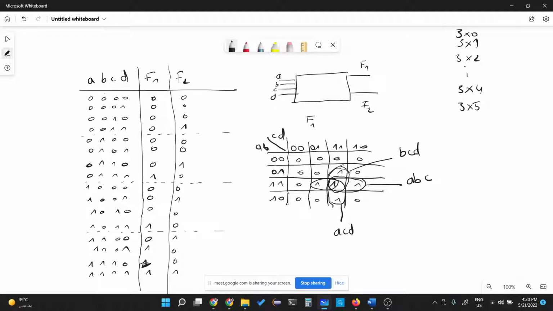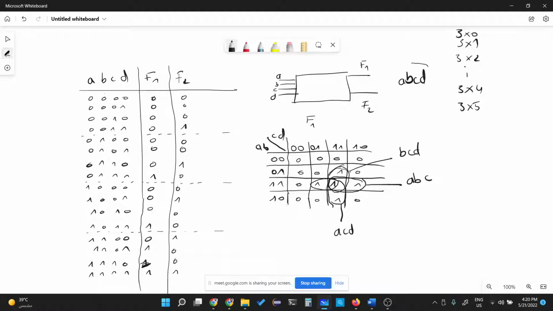Before doing the last one, we should find a common factor. We will have 4 terms. What will be the common factor here? No, it will not be a common factor, but it will be a min term. What is the expression of this min term, the one in the middle? A, B, C, D. This is 1, 1, 1, 1.